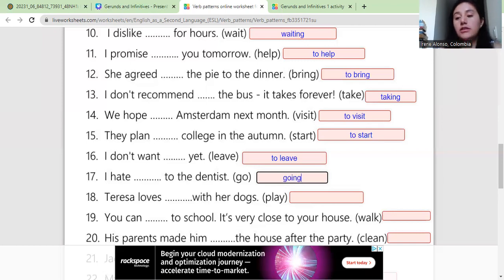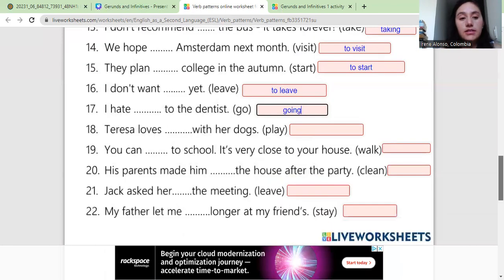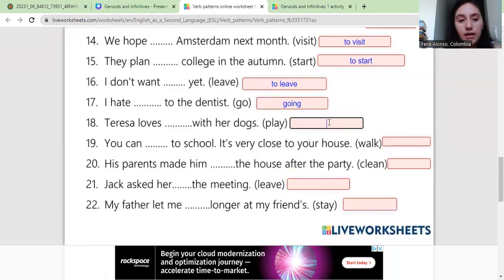I hate going to the dentist, because it's something real that you hate. Yes. Teresa loves to play. Maybe loves. This could be both, but playing is a little bit better.